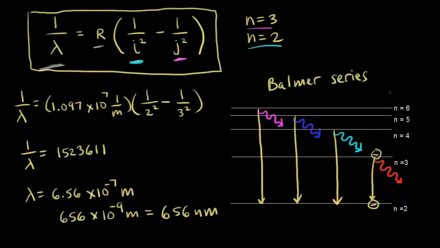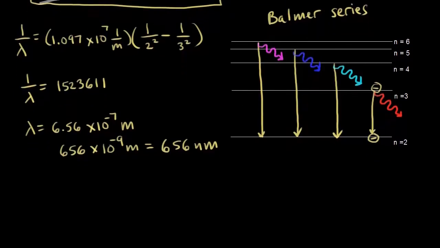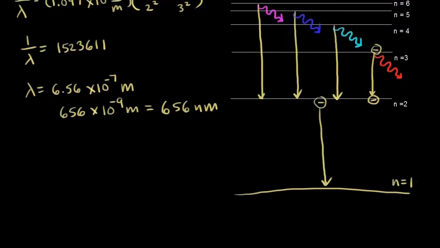But there are different transitions that you could do. For example, let's think about an electron going from the second energy level to the first. All right, so let's get some more room here. And if I drew a line in here, again, not drawn to scale, think about an electron going from the second energy level down to the first. So from n is equal to 2 to n is equal to 1. Let's use our equation, and let's calculate that wavelength next.